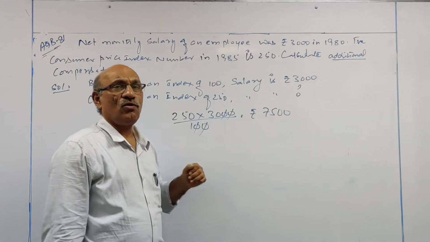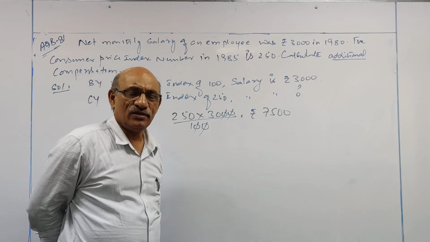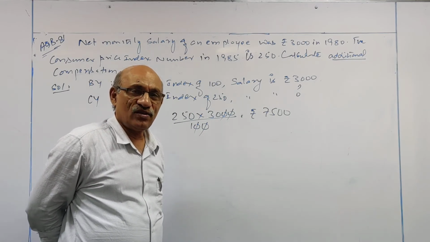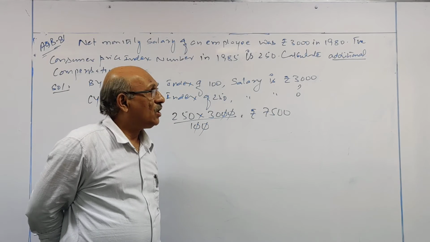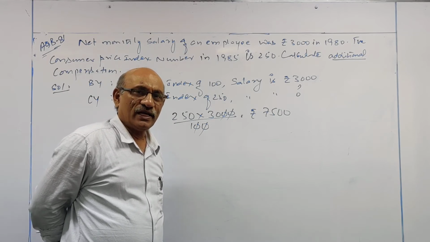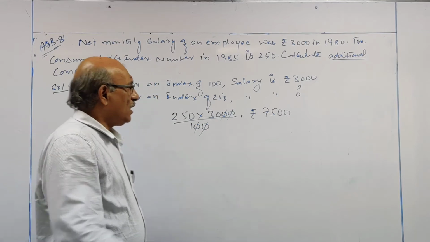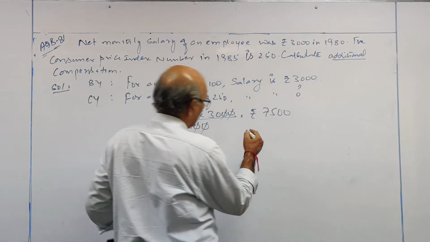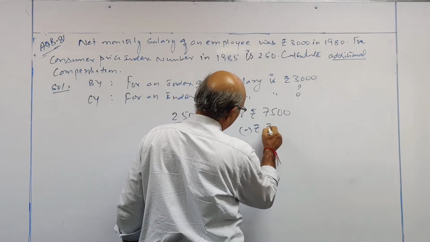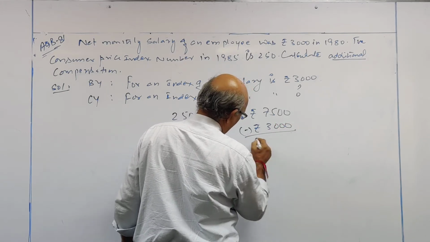One more point to notice from the given question is that the current year salary is not given. Assuming the worker is getting the same salary in the current year also, if I subtract that 3000 here, what is the answer?